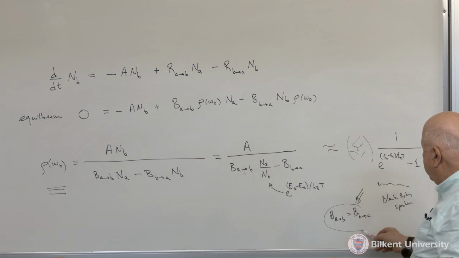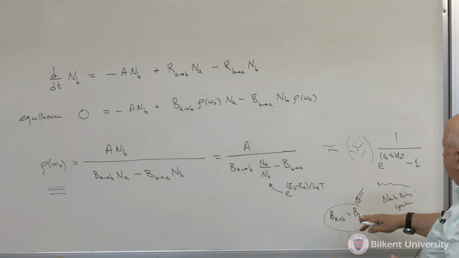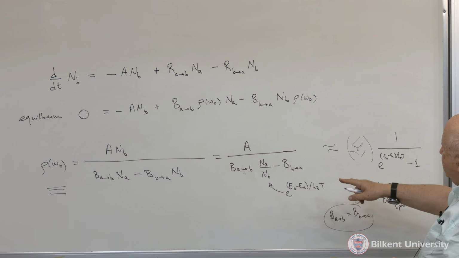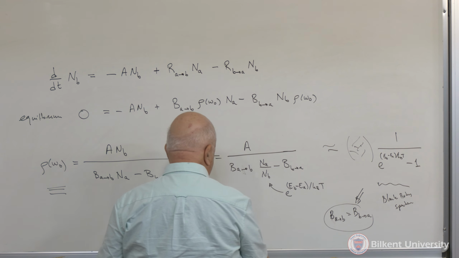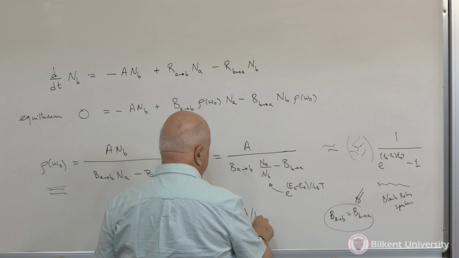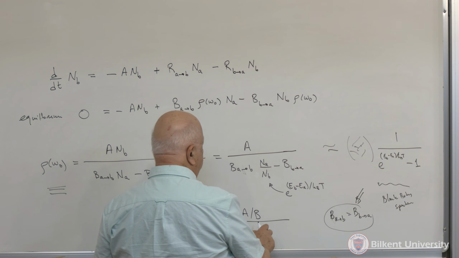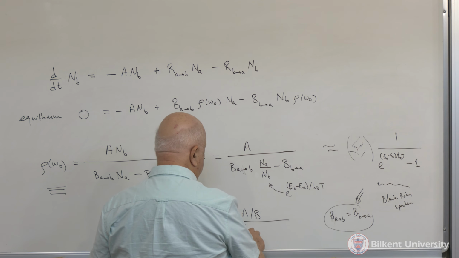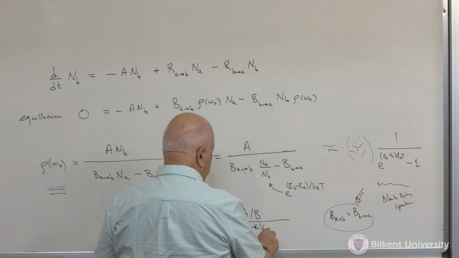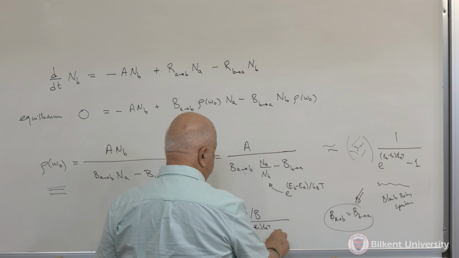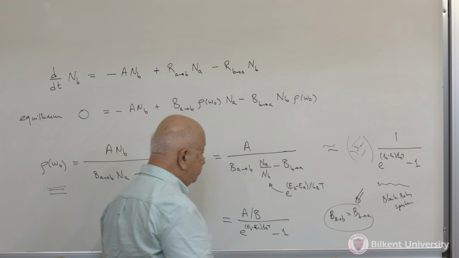And after that, you can make the statement that this is equal to A over B, divided by e to the EB minus EA over KBT minus 1.